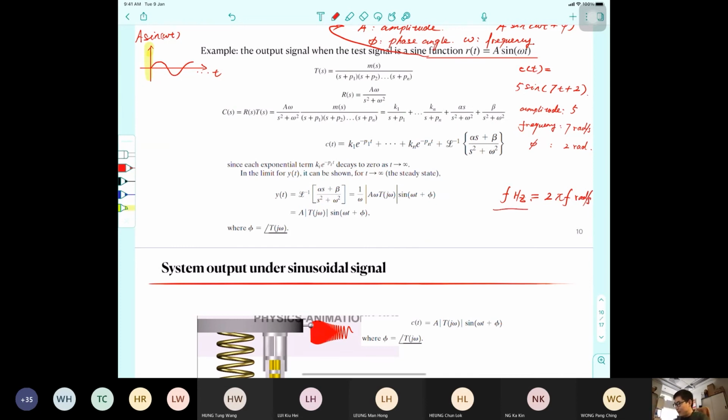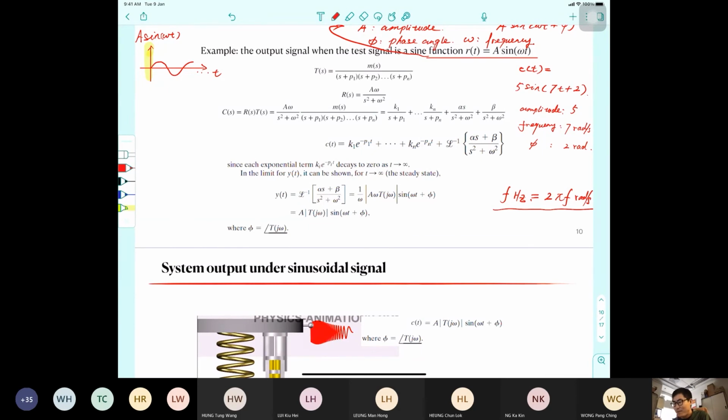Okay, here are the 2 units of frequency. 什么意思呢？就是说 hertz，大家知道 hertz 是什么意思吗？就是说一秒钟发生多少个周期, right?